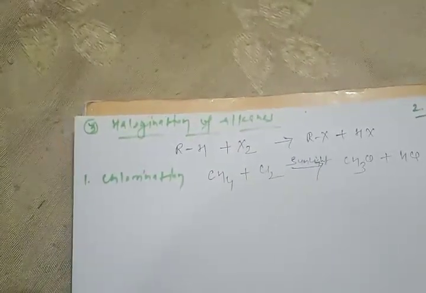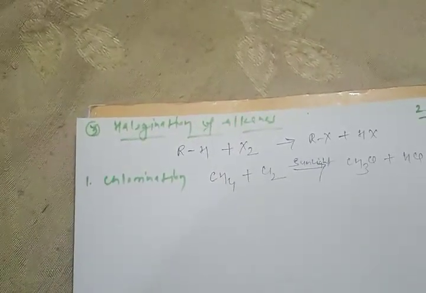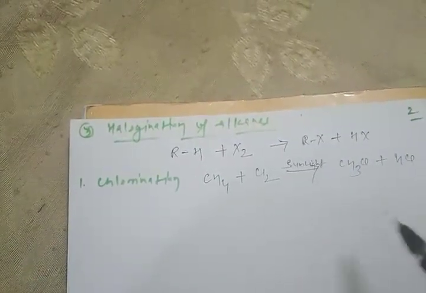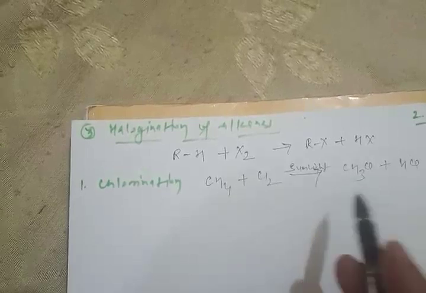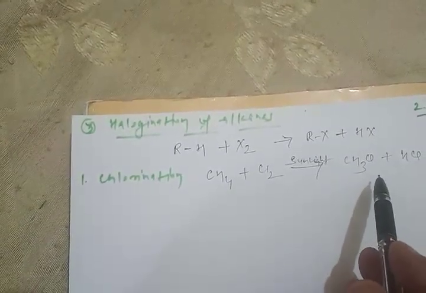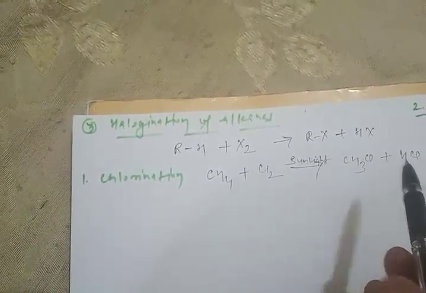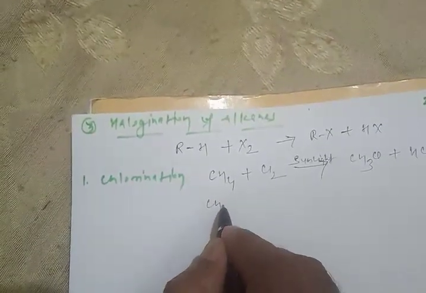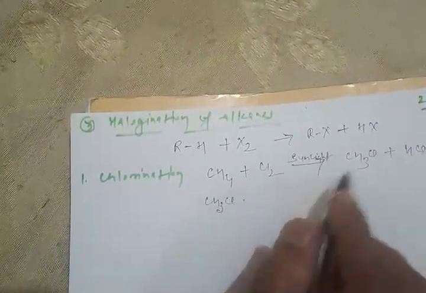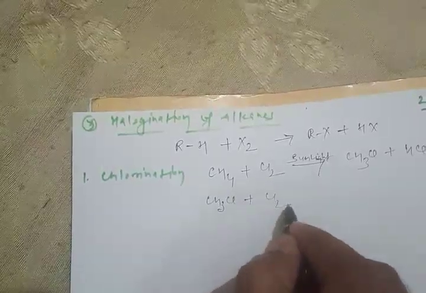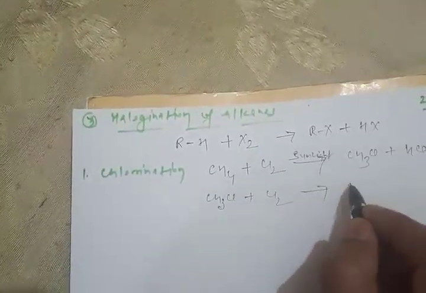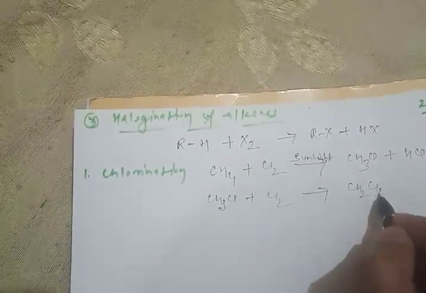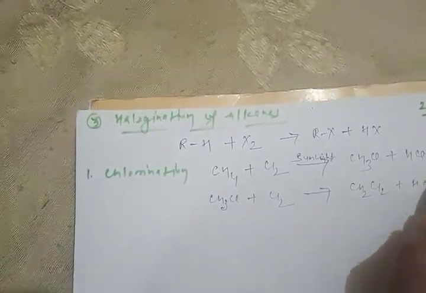One of the problems with this reaction is that it will continue. CH3Cl, methyl chloride, will combine with another chlorine and give CH2Cl2 and HCl.